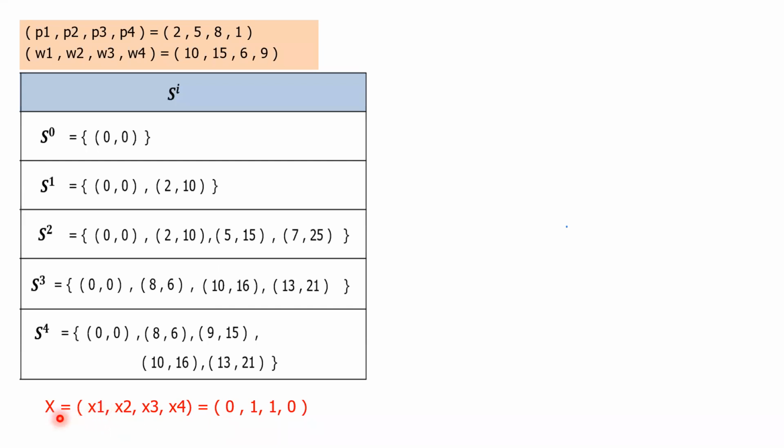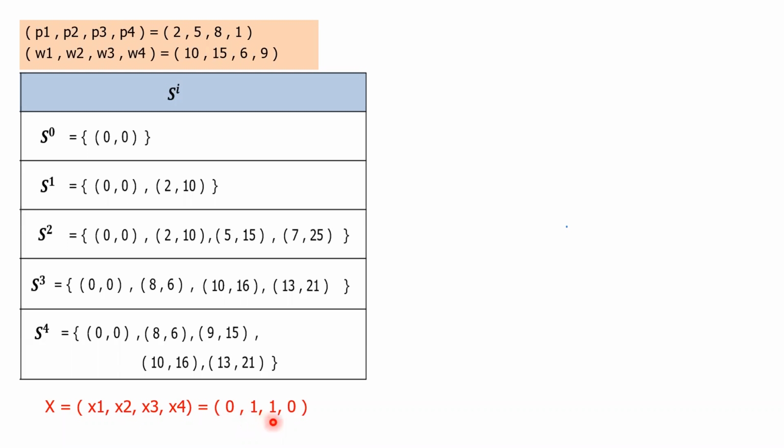The solution vector X is a set of values, zeros and ones, x1, x2, x3, x4. Each value for the object is either 0 or 1. 0 here indicates that item 1 is not included into the bag. Item 2 is included into the bag if its value is equal to 1.